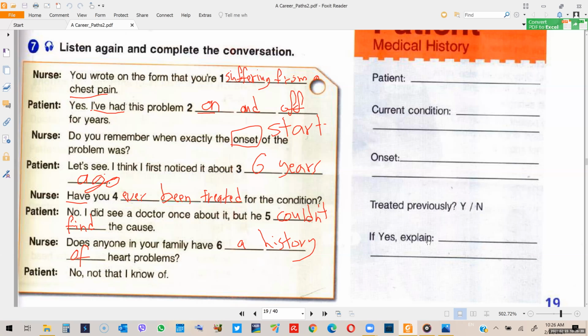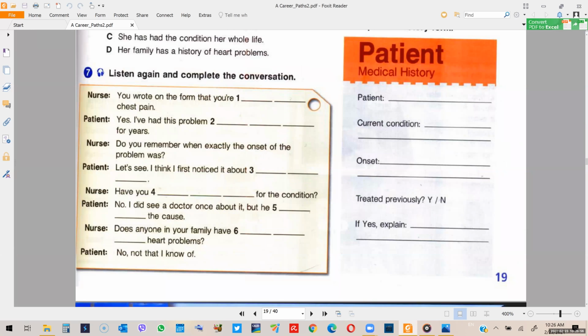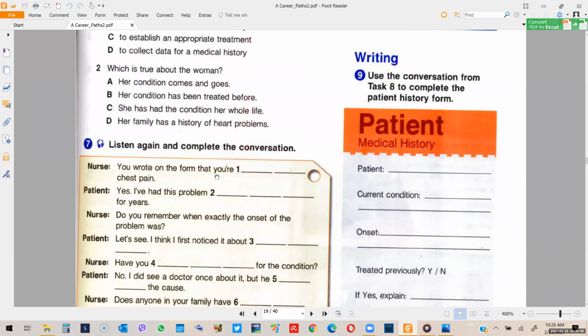Okay, as you can see from the topics or the exercises we are doing, the doctor doesn't start checking the patient. The nurse or nurses actually start the job. So first, the nurse starts asking the questions about the patient's condition.